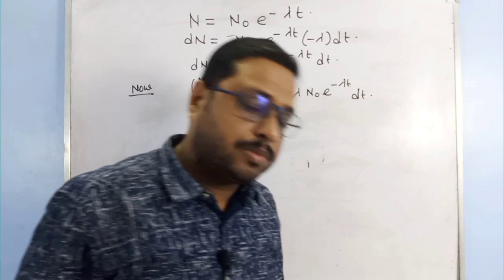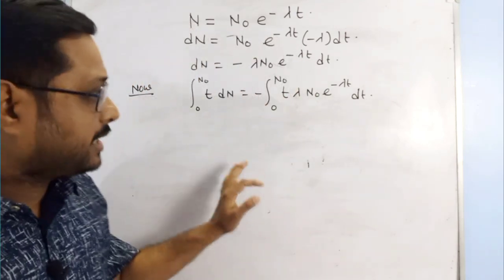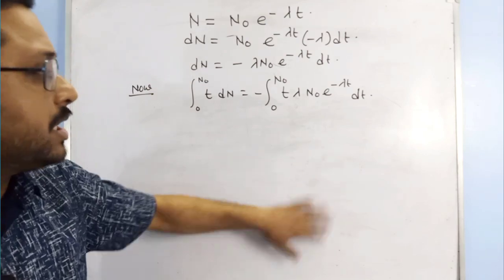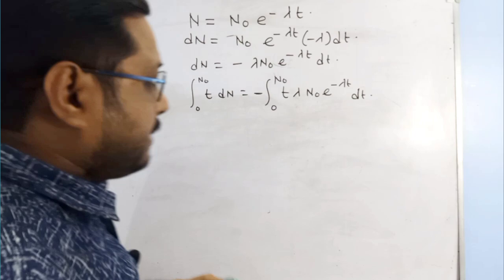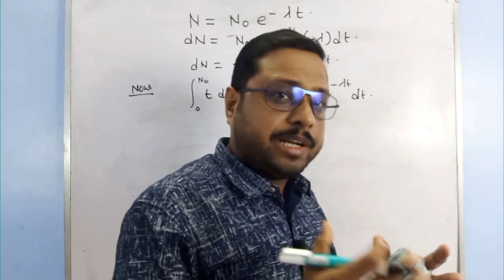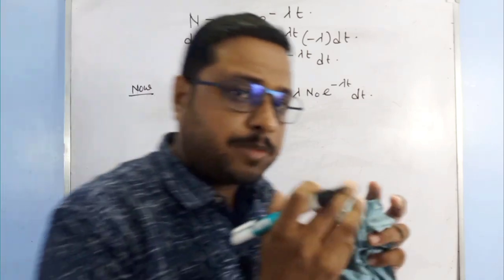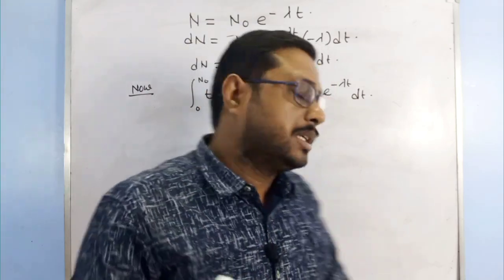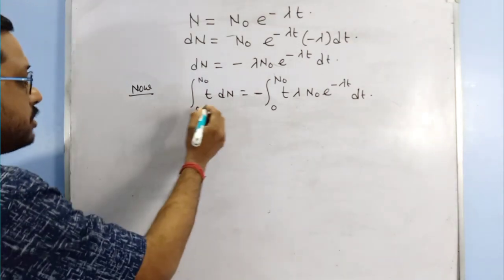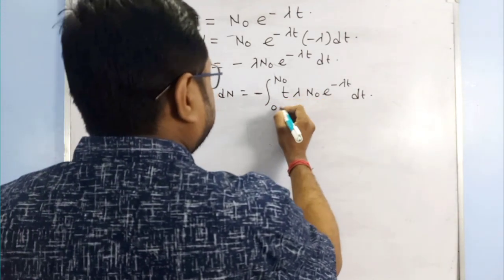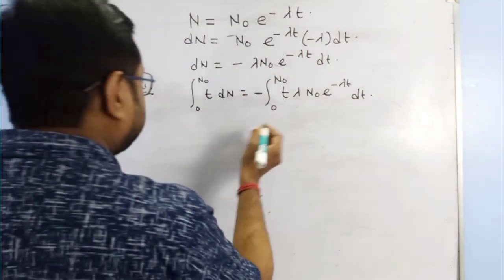If you have not watched it, please go to my channel Talking Physics with Piyas Sarkar and search for the radioactive decay law. This negative sign implies that with the evolution of time, the radioactive sample decreases. So, the number of undecayed nuclei decreases, so the negative sign occurs. So, the integration from 0 to N0 of t dN means minus lambda N0 t e to the power minus lambda t dt.